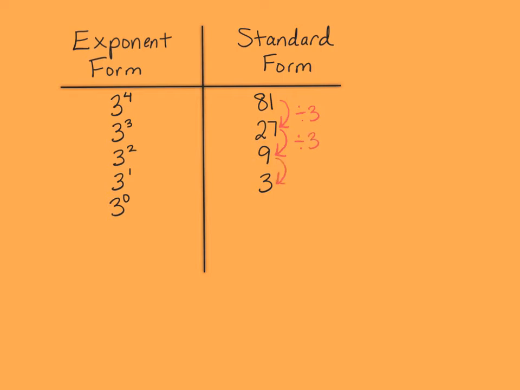Going from 9 to 3, that's also dividing by 3. So what if I divide by 3 again to get my next answer? What's 3 divided by 3? That's just 1. So 3 to the 0 power appears to be 1.